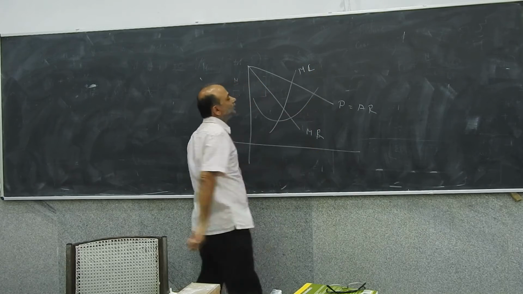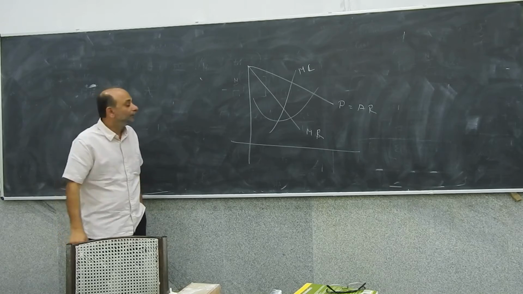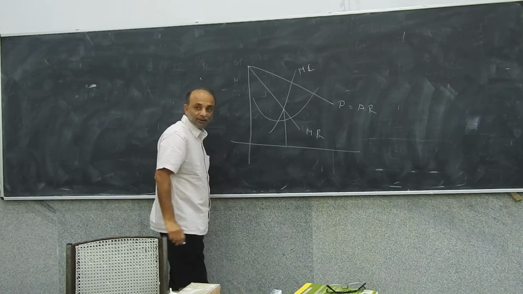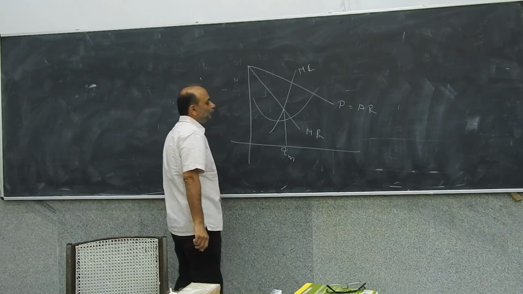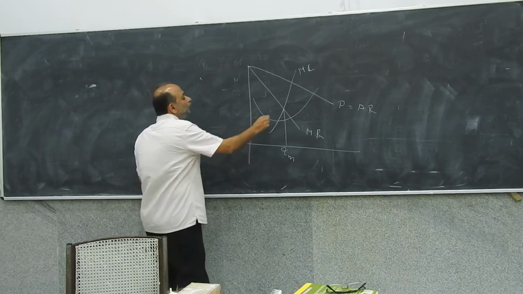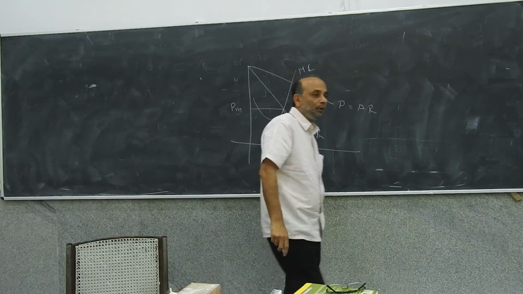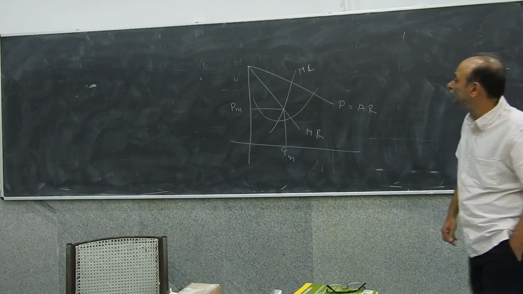In equilibrium, monopoly output is in equilibrium when marginal cost equals marginal revenue. So you call this output the monopoly quantity produced, and this price the monopoly price. All of you are familiar with this diagram, where marginal cost equals marginal revenue.